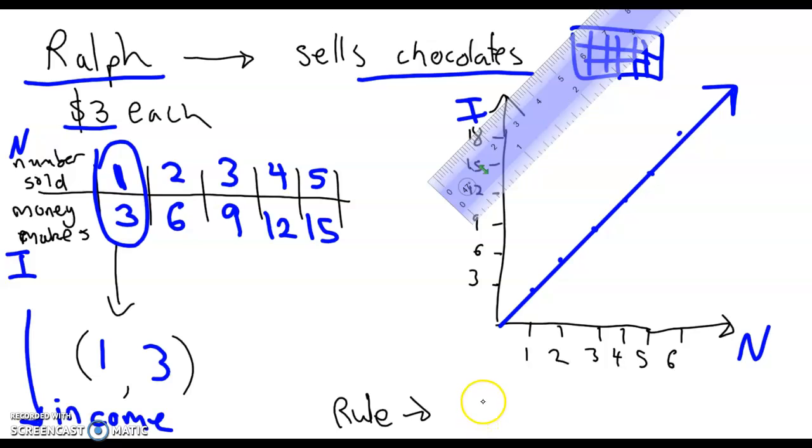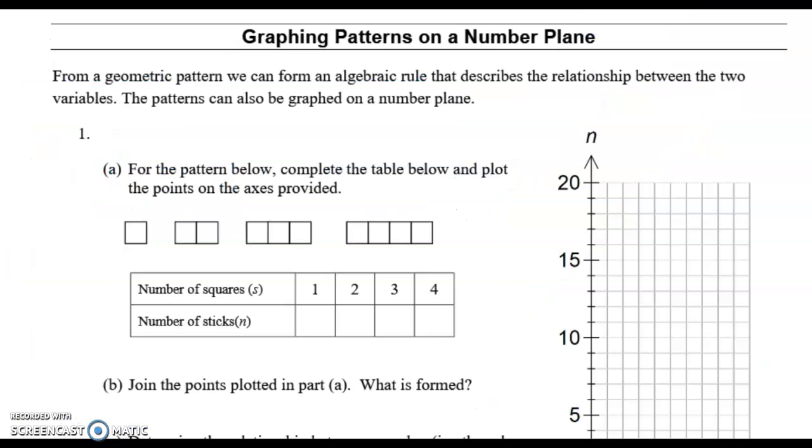So the money, or the income he's going to make, is going to be 3 times the number that he sells. So if he sold 5, 3 times 5 gives us 15, 3 times 4 gives us 12, so that rule works for all of them. Let's consider a couple of geometric patterns.